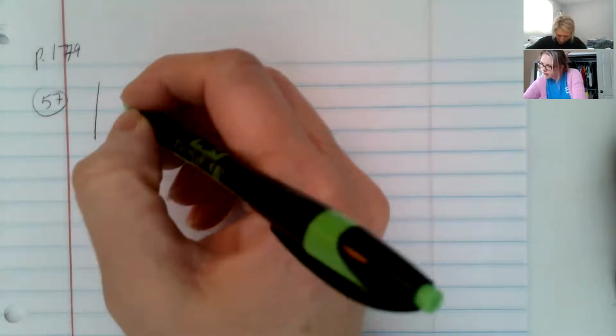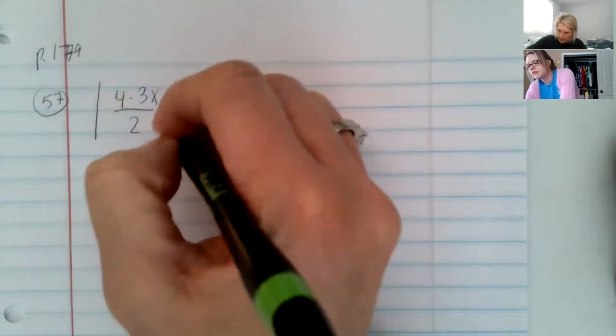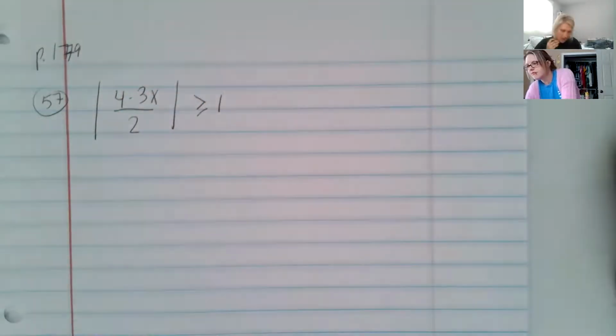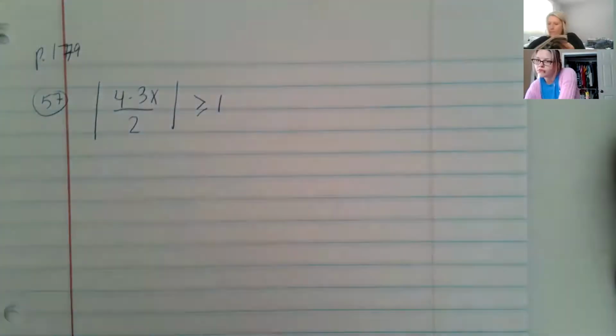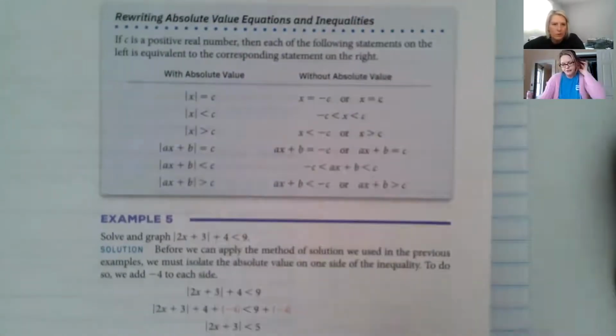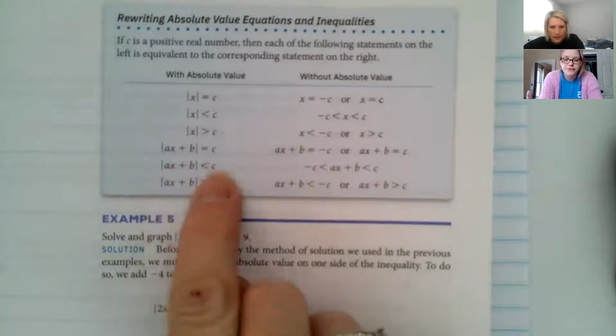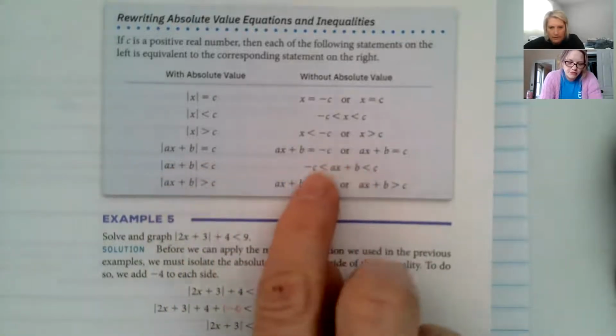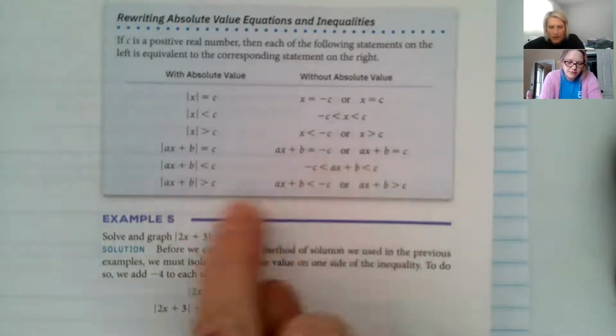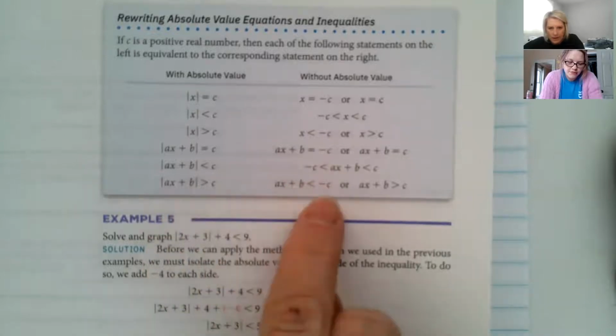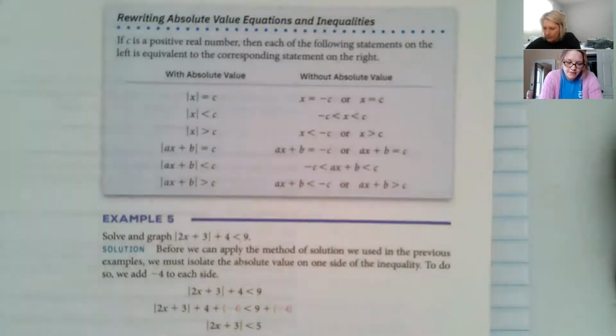57 says the absolute value of 4 minus 3x over 2 is greater than or equal to 1. So let's go back to our rules. They taught us 2 rules at the beginning of the lesson I wanted to remind everybody about. The basic 2 rules, if you're doing a less than or greater than, and it applies for the equal to as well: if it's a less than, it's going to be in between the negative and the positive. If it's greater than, it's going to be less than the negative or greater than the positive.